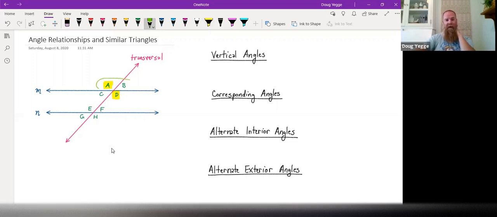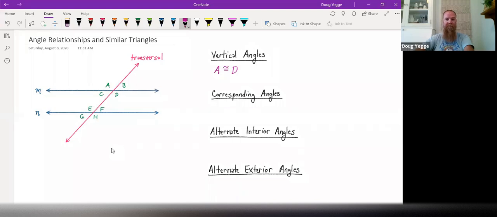Notice that A and B are supplementary angles because they add up to 180 degrees. B and D are also supplementary angles because they add up to 180 degrees. But since they both share B as one of the angles, then that must imply that A and D are congruent to each other.